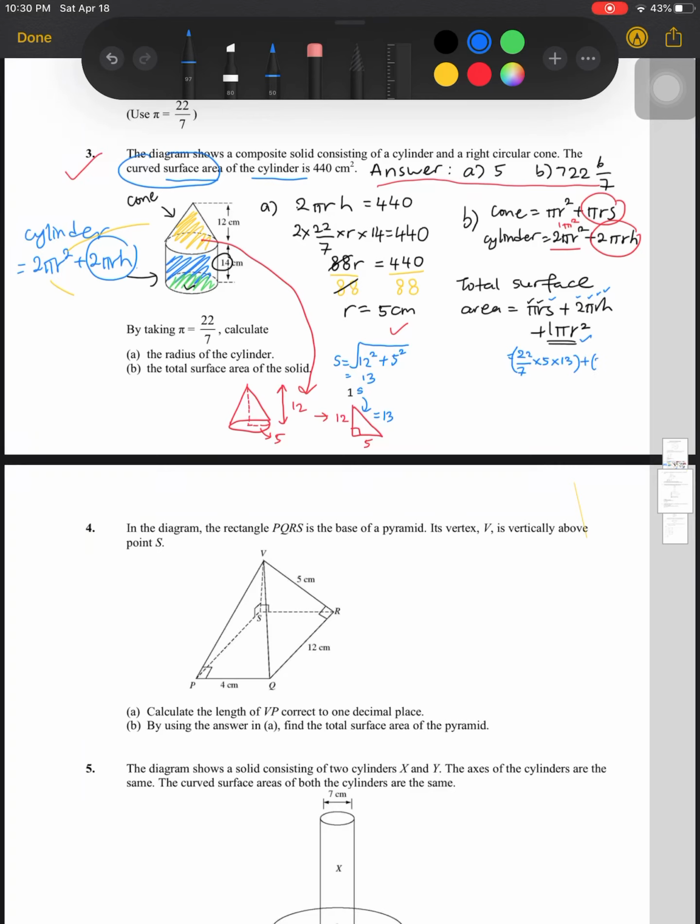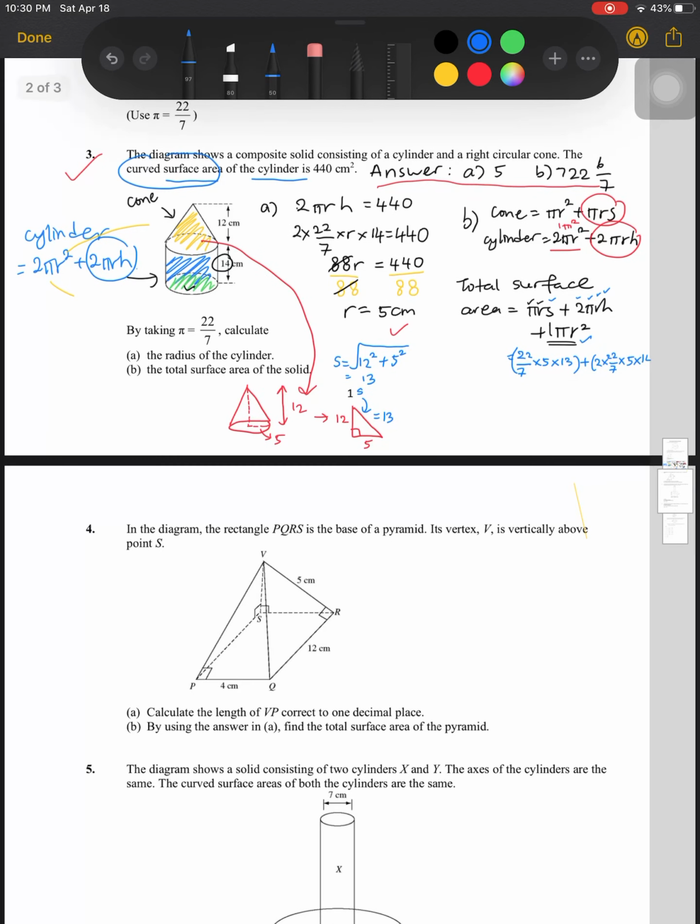Plus 2 times 22/7 times the same radius, with h of the cylinder being 14. Plus pi, which is 22/7, times the radius squared, which is 5 squared. I'm sure if you use your calculator now, you should get 7226/7 centimeter squared.